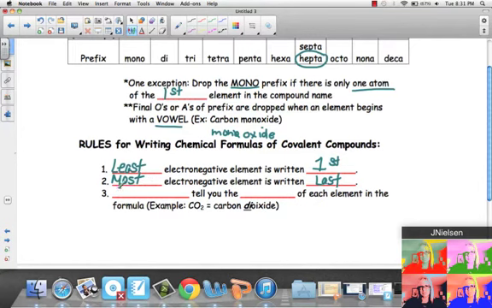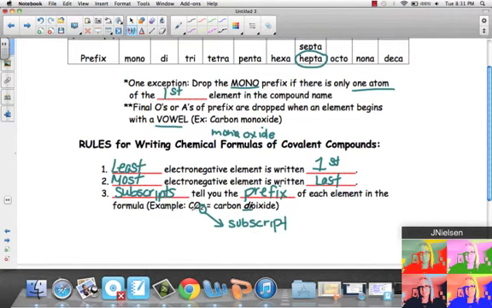And lastly, the subscripts tell you the prefix of each element in the formula. So this 2 right here that you see, that is what we refer to as a subscript. And that 2 tells us that we're using the prefix di.